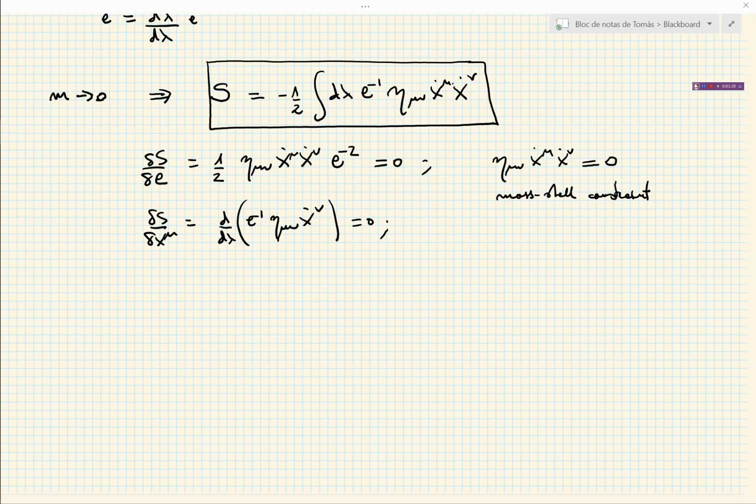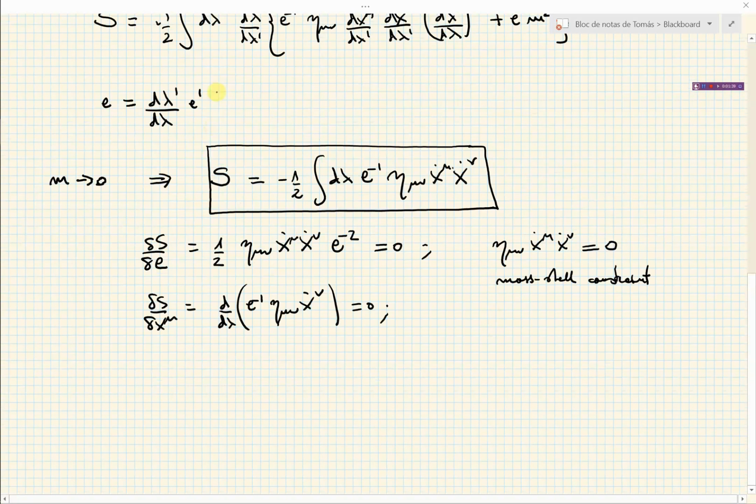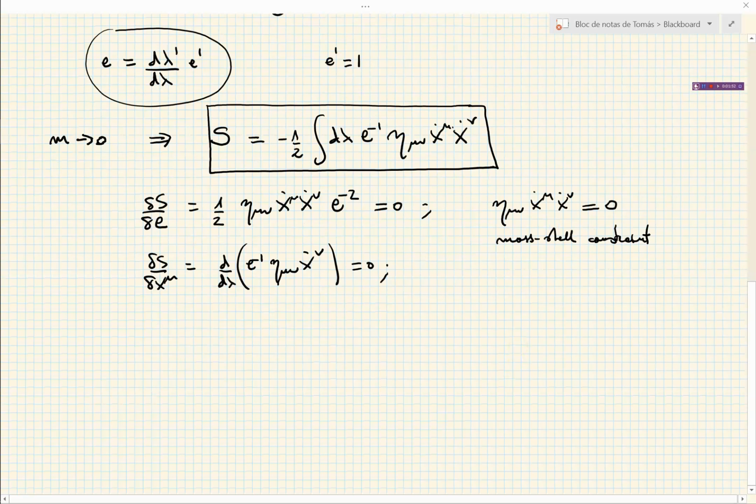However, we still have this local symmetry, this local freedom of reparameterizing λ, and you see that we can choose λ such that the new λ', such that this e' is equal to 1. You can always do that. In that case, you just get rid of e in this equation and you get the standard equation.